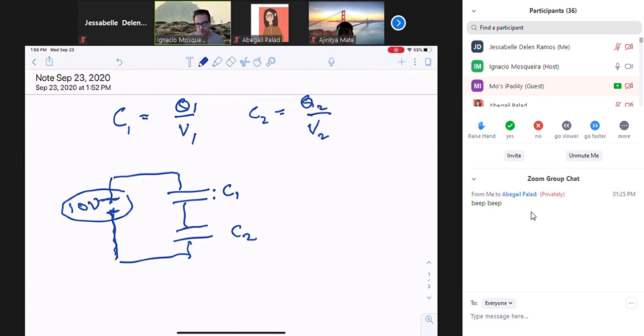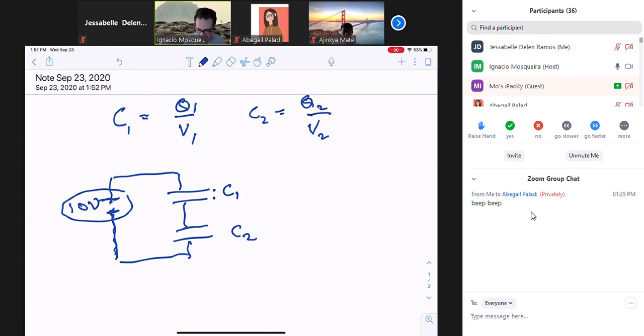And it's always true that if you go around and come back to the same spot, the voltage sometimes goes up, sometimes goes down, but it comes back to the same value. So all the voltages have to add up to 0 when you go around the loop. Some are positive, some are negative, they add up to 0.